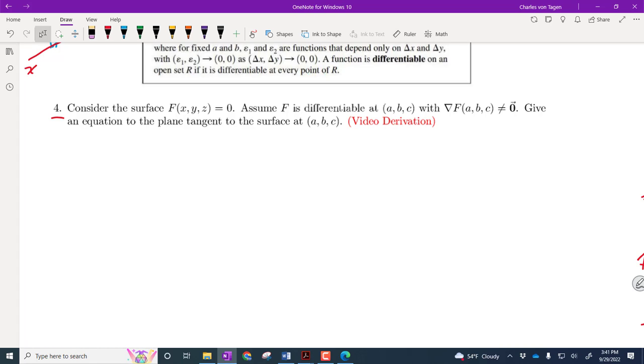That's true. But I should add that it's always orthogonal to the level curves or level surfaces. So when I'm thinking about this as a function in R4, the gradient at any point points orthogonal to a level surface.